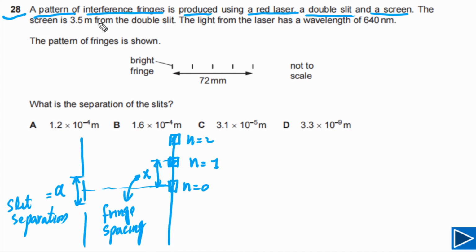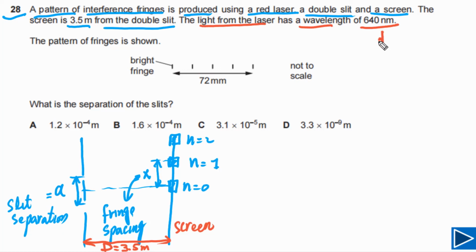For this question, it is given to us that the screen is 3.5 meters from the double slit. It simply means that the distance between the slits and the screen is given, and this is capital D. Capital D is equal to 3.5 meters. It is also given that the light from the laser has a wavelength of 640 nanometers. Lambda is given to us.